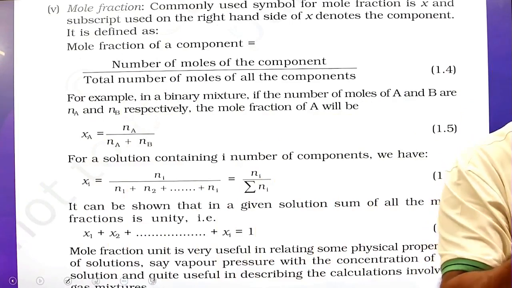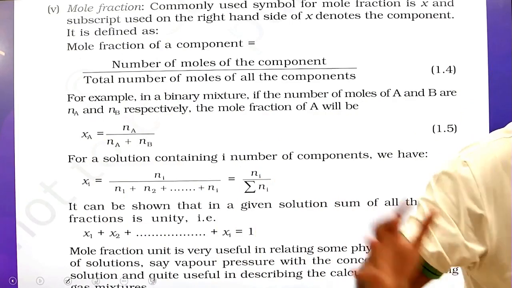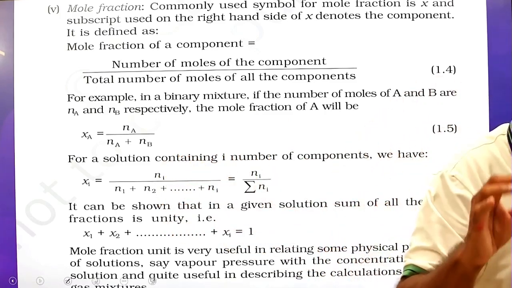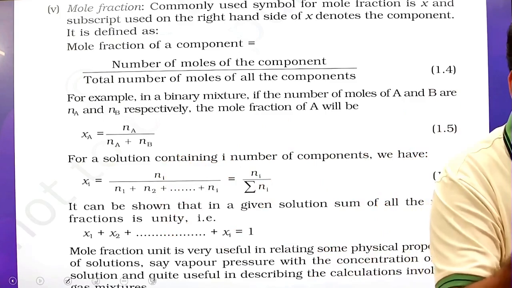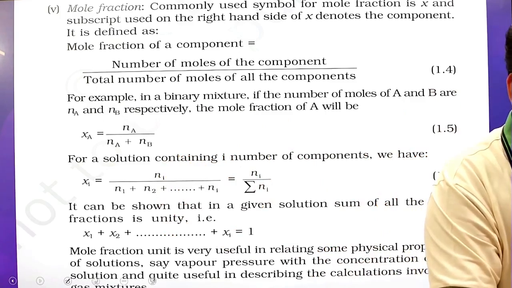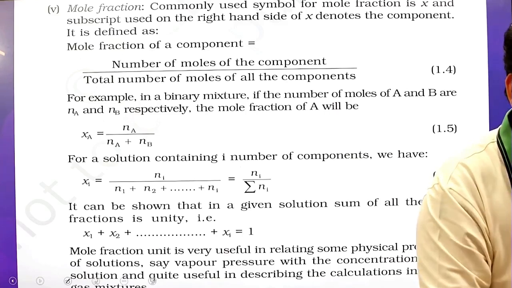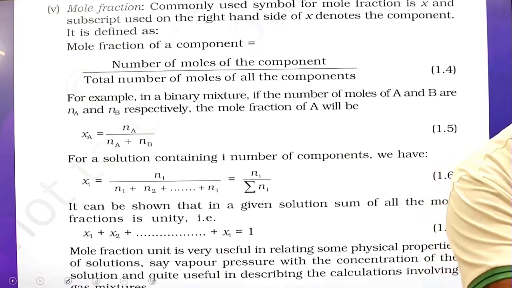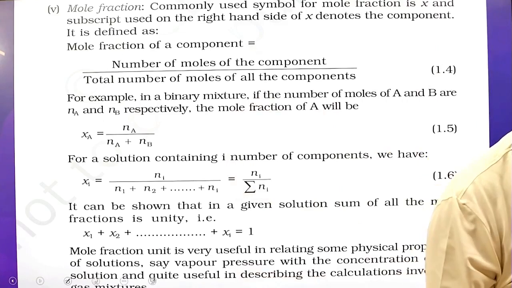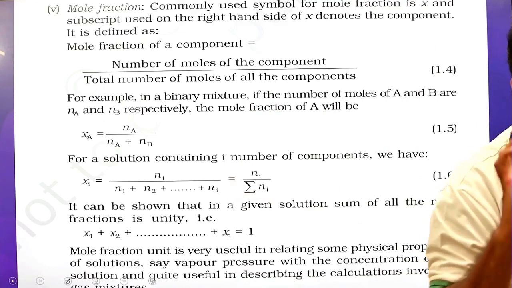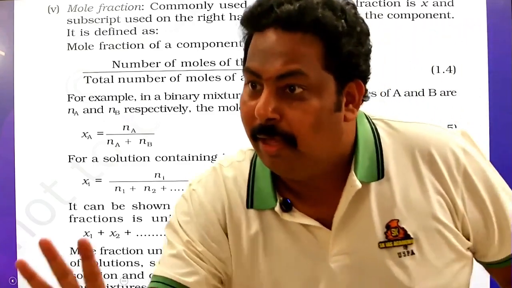I started with an example. I gave you an atmosphere containing all the gases, and I explained that in order to understand the percentage of concentration of one component of gas in all the gases, I will take the mole fraction of that particular component only. Are you able to understand?